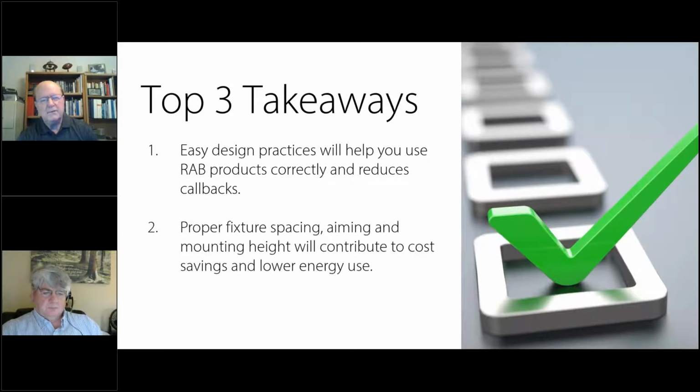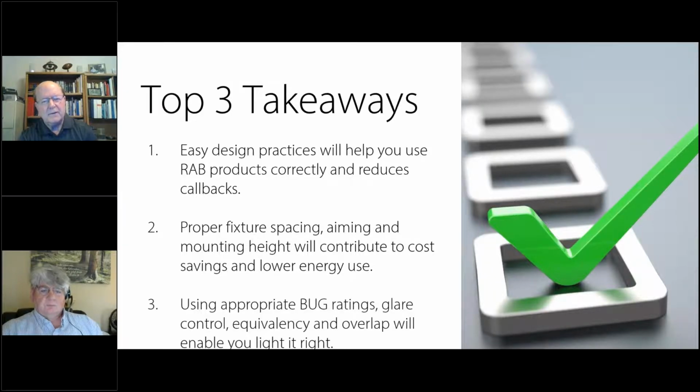The number 2 thing that we'd like you to take away is proper fixture spacing, aiming, and mounting height will contribute to cost savings and lower energy use. And we'll talk about how that works. And the third thing is using appropriate bug ratings, glare control, equivalency, and overlap will enable you to light it right.